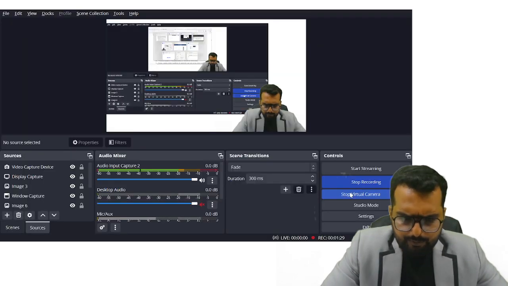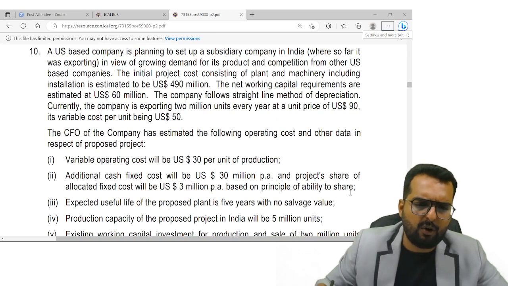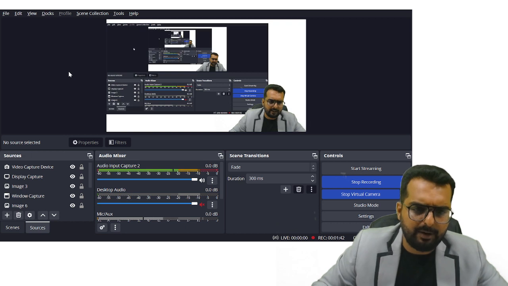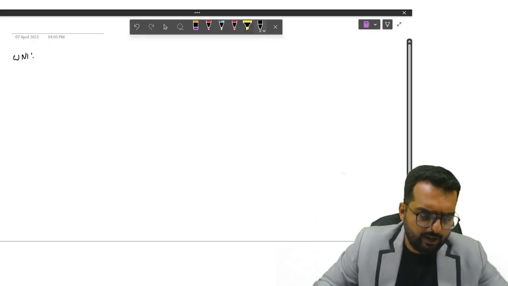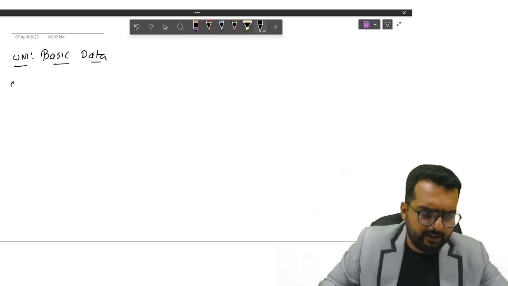In view of growing demand for its product and competition from the other US based companies, the initial project cost of plant and machinery including installation is 490 million. So I'll write down working note number 1, basic data.